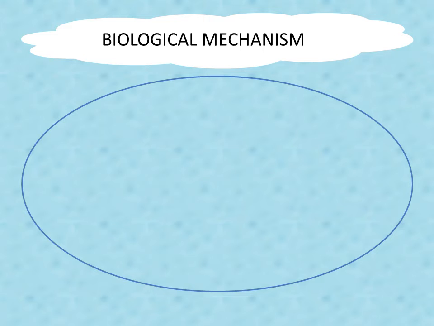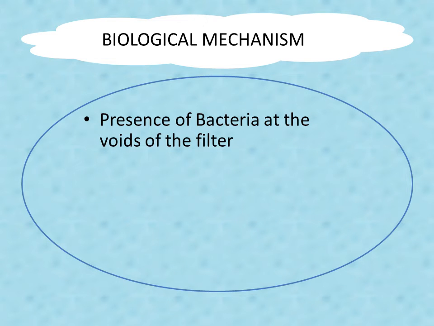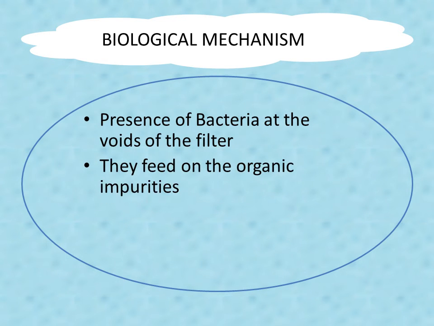It's like food to them. So since they find all the organic impurities like algae and plankton as food, they eat them up. When they utilize such organic impurities, they convert them into harmless compounds by the process of biological metabolism.